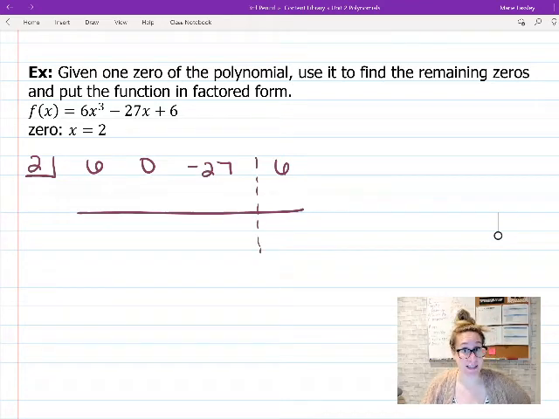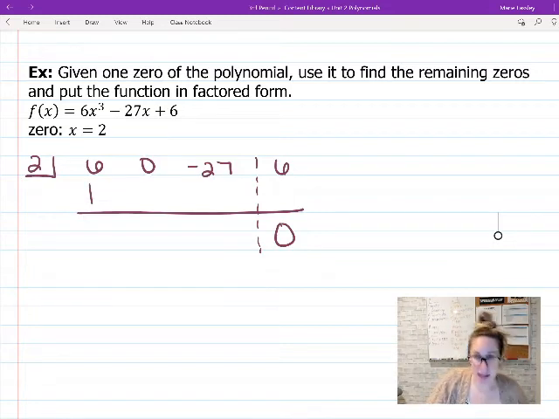If you don't get 0, you've done something wrong. If you divide something and you get a remainder, it means that whatever you divided isn't a factor of that polynomial. But this one's telling me that it is, so I should be getting 0 for my remainder. I'm just going to put it there because I know that if I don't get that, I've done my math wrong. So I start by bringing down my first number, which is a 6.